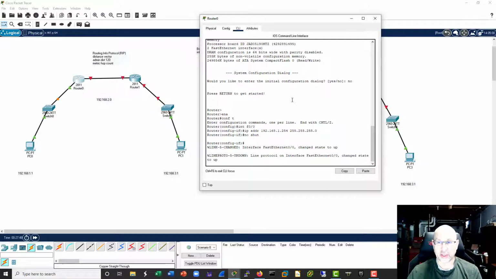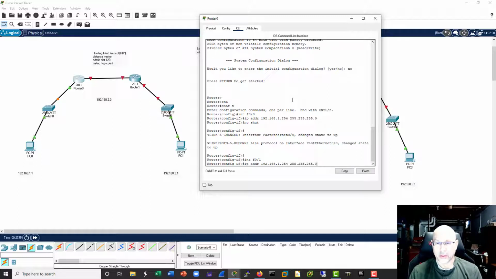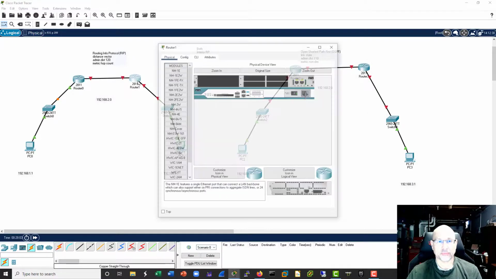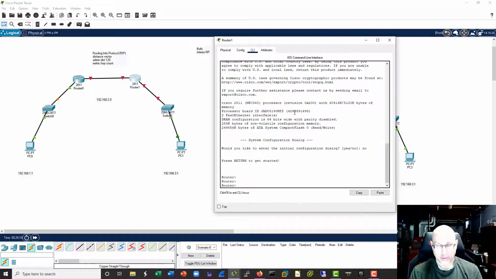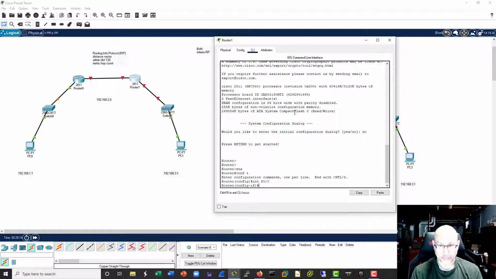We'll see that interface light up, and we'll do 2.253 on this side, and then over here, this will be the 254 side. 2.254, our mask.